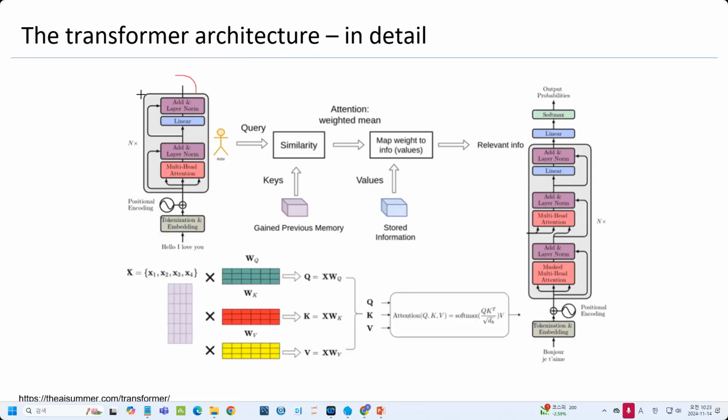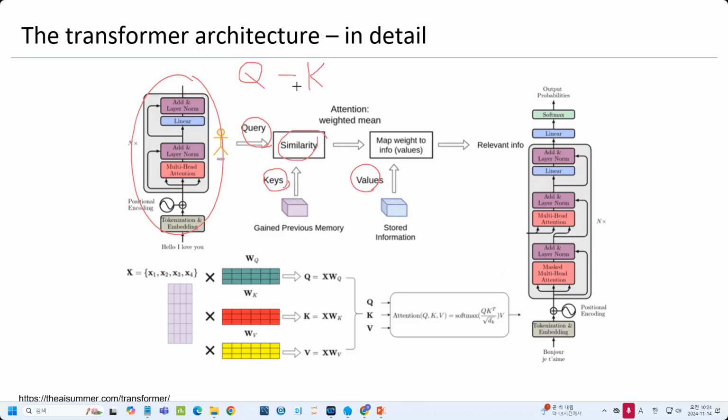So this is the encoding step. And then after we do the encoding step, we have the attention mechanism. The attention mechanism requires the query, keys, and value. So we learned before we have the Q, the query, multiplied by K. So we have the QK similarity.